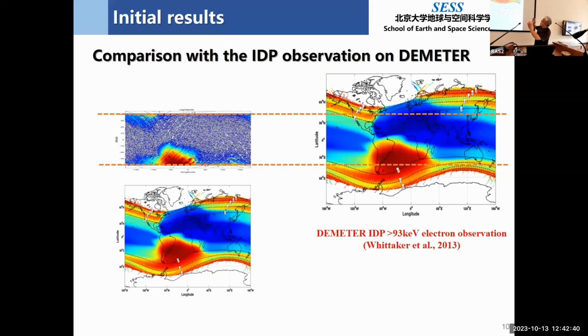But if we just focus on our MSS coverage, it's almost the same. So that means we are in accord with the measurements of Demeter.